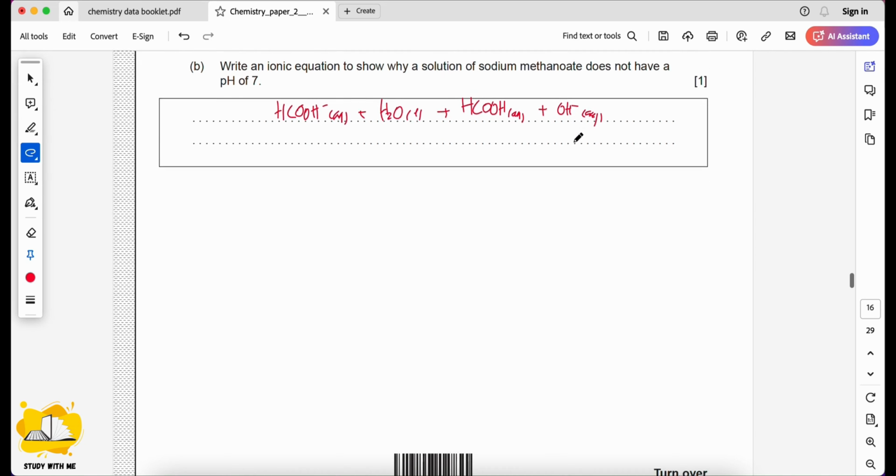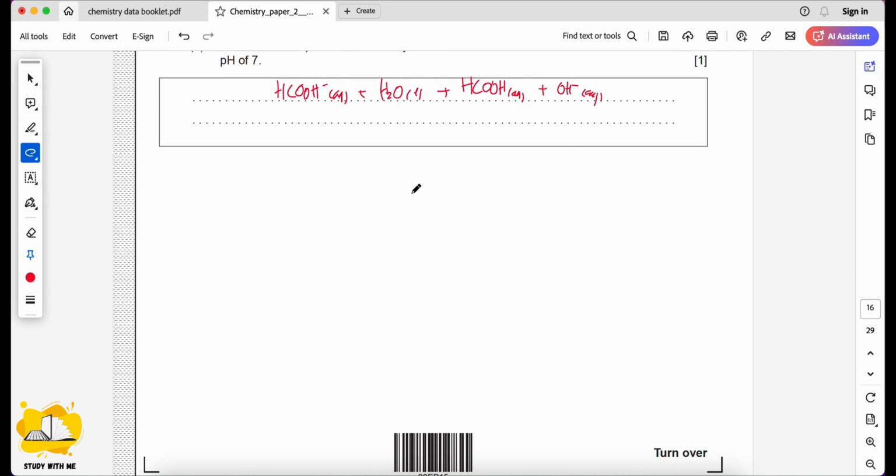Okay, when HCOONa, sodium methanoate, is dissolved in water, it dissociates into its ions. So the original reaction, actually, HCOONa solid produces HCOO- aqueous plus Na+ aqueous.